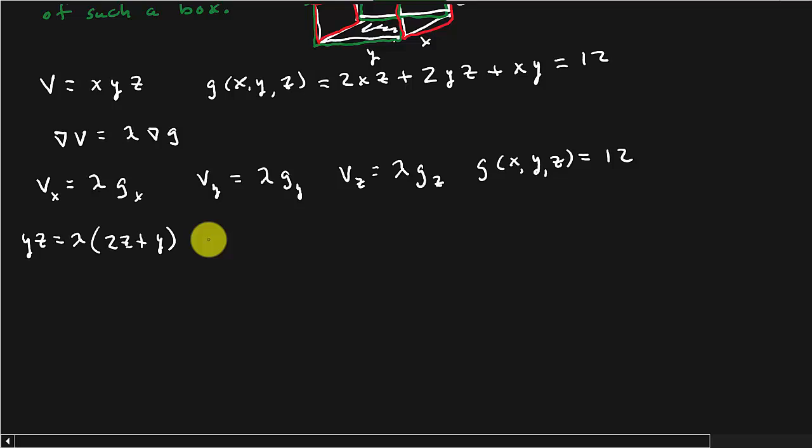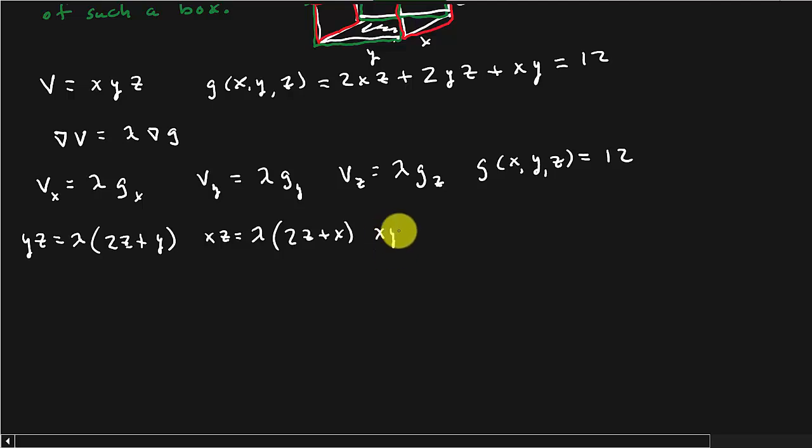All right, and then this one we've got xz is equal to lambda times the partial of g with respect to y. That term's going to go to 0. That's going to be 2z plus x. And then we have the partial of V with respect to z.